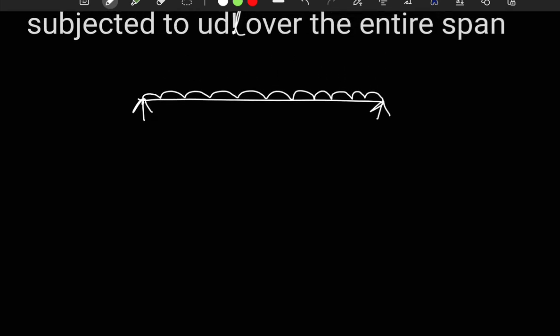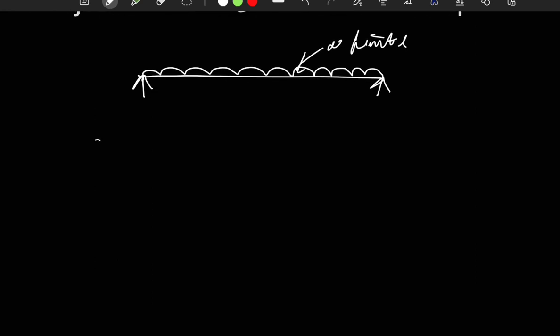Case 4. Consider a simply supported beam of span L carrying a UDL of W per unit length over the entire span. The total load is equal to WL.